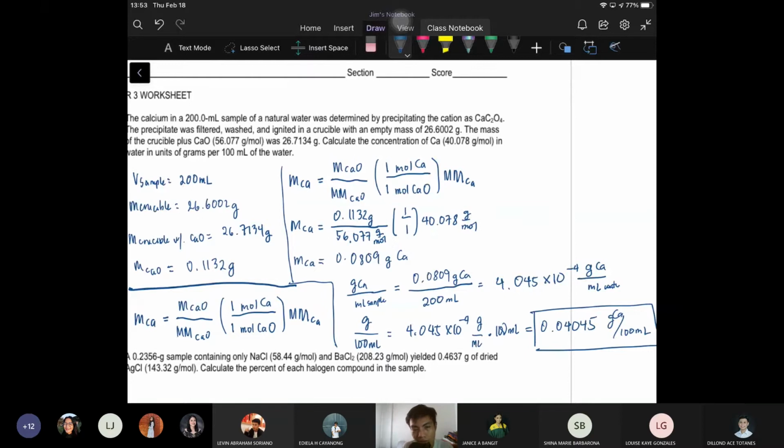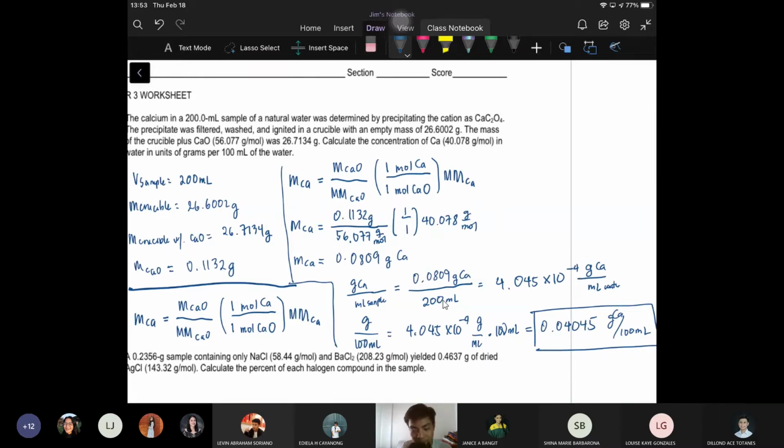So, tatlo lang naman yung options doon. Pwedeng grams per ml, grams per certain volume of ml, o kaya percent weight. Okay. So, dun lang yung options natin doon. Okay. Kung hinahanap ng problem ay grams per ml, ganito lang. Pero kunwari, grams per certain volume, i-multiply mo yung makukuha mo dito dun sa volume na in-specify.